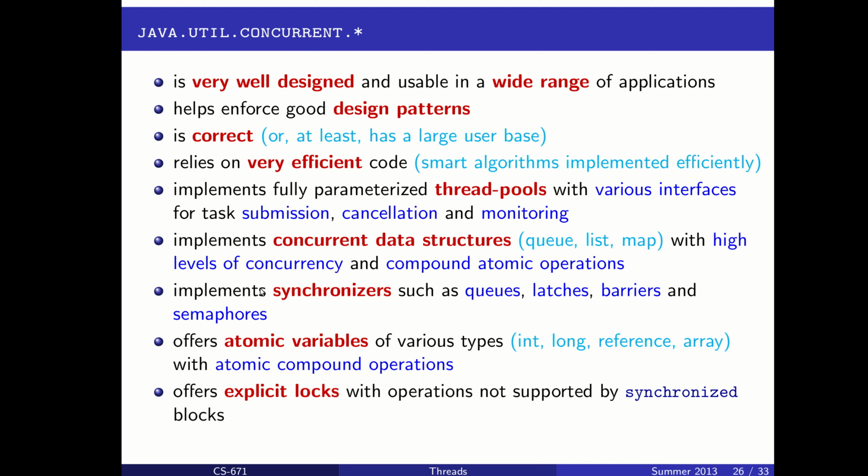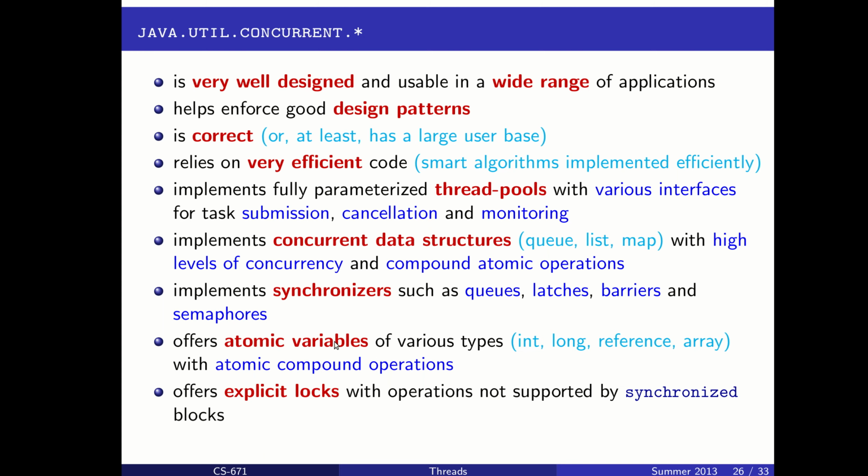It has good tools for synchronizing, which you may have seen in other classes, like if you've done threading in C, for example. Queues, latches, barriers, semaphores. So some better ways for locking than those simple built-in Java locking methods. This library provides some of those.